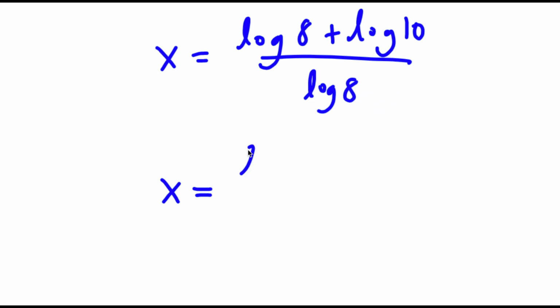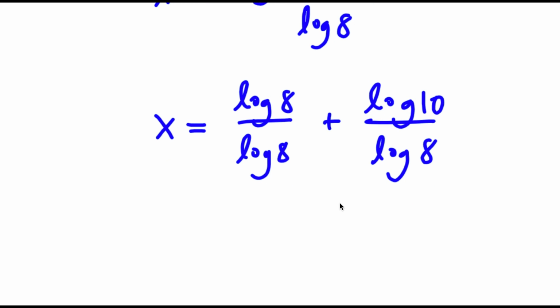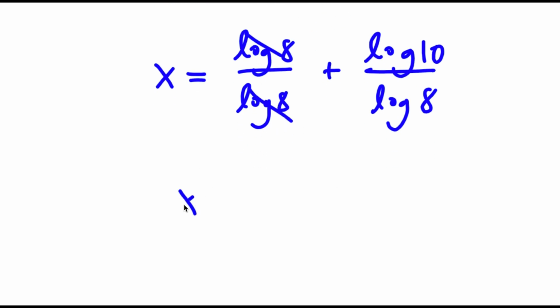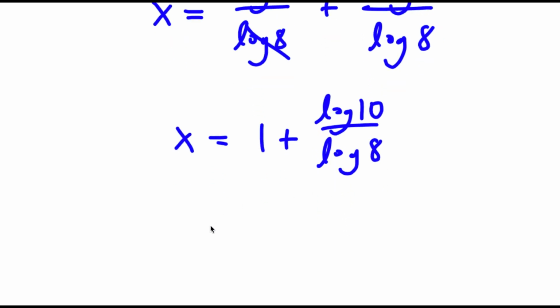Now this is the same thing as log 8 over log 8 plus log 10 over log 8. Now log 8 and log 8 cancel out, so now I have x is equal to 1 plus log 10 over log 8. Log 10 is equal to 1, so I have x is equal to 1 plus 1 over log 8.